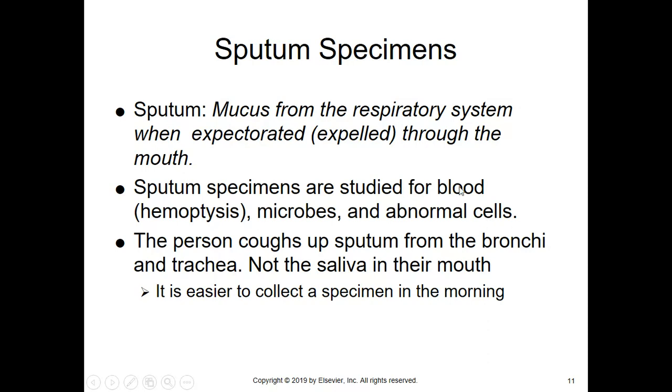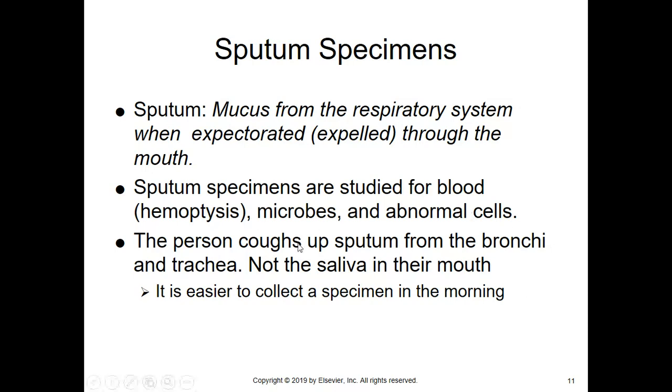They'll say, I need you to give me a specimen of your sputum, and then we tell the person how to do it. They're looking to see, is there blood, or is there maybe a sign of cancer? That's how they figured out that my father-in-law had his cancer. They came back with abnormal cells, and then they did a scan and saw that he had cancer.